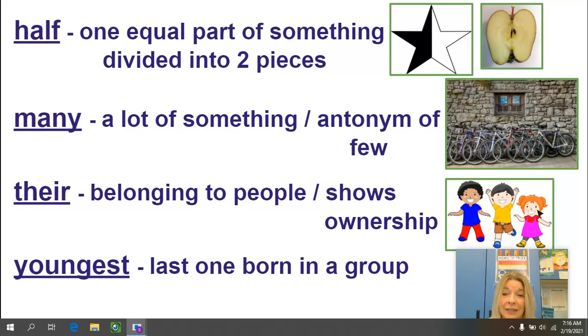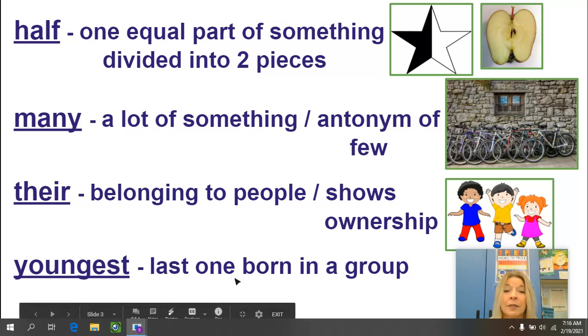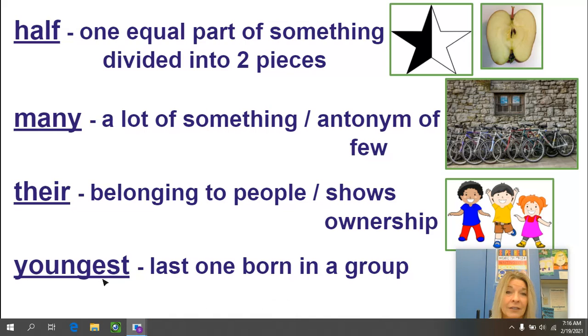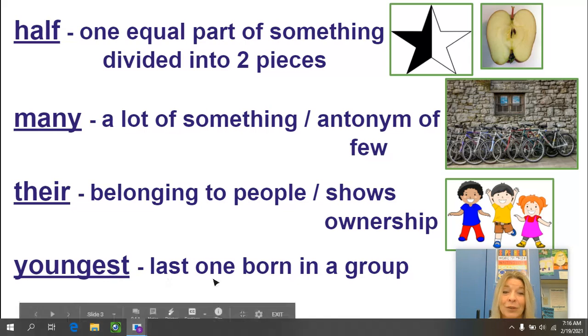This one looks like the youngest. We're not sure. It would have to be the last one born. Are you the youngest member of your family? Are you the youngest student in your class? Are you the last one born in that group?